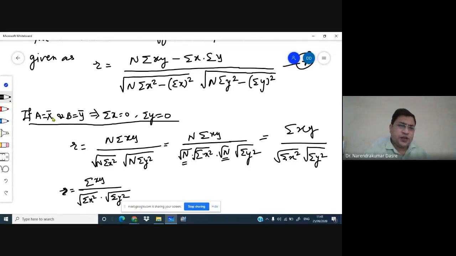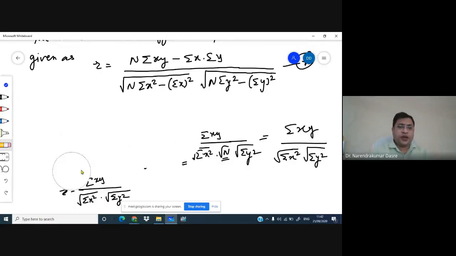If I assume that the assumed mean is equal to the actual mean, then these terms will be 0 and your formula will reduce to this. If your assumed mean and the actual mean are different, then you will have this formula. So that's why we have to be careful while using the formula.